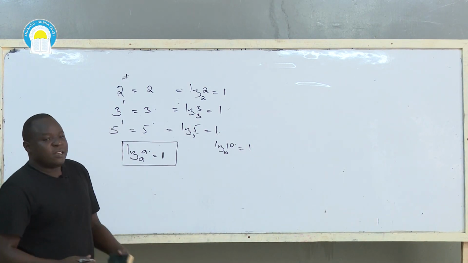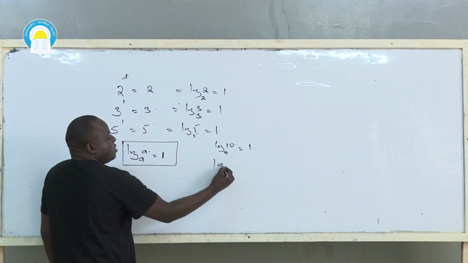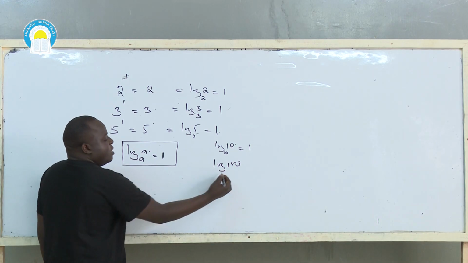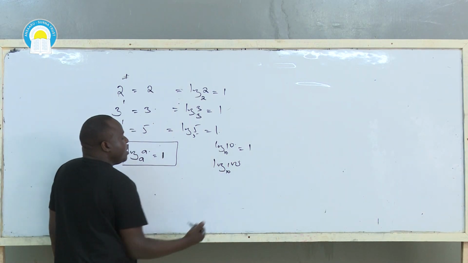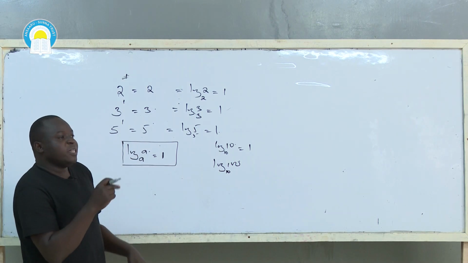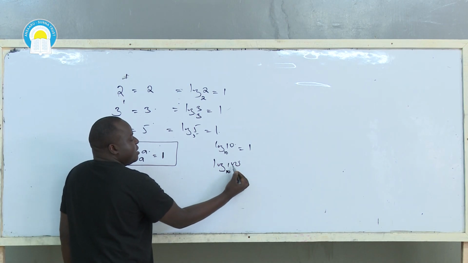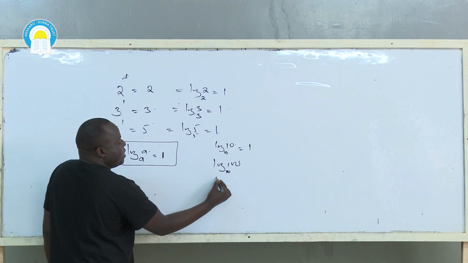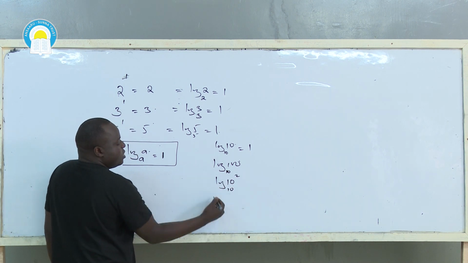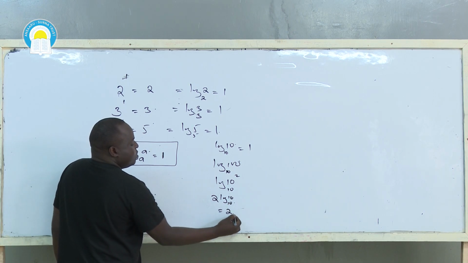I said log 100 is equivalent to 2. Think about it, log 100. With the base I'm explaining, the base is 10 here. Consider the third law, which was log A base x raised to a power. If I write this 100 in terms of 10, then it gives me log 10 squared base 10, which is equals to 2 log 10 base 10, which is equals to 2.